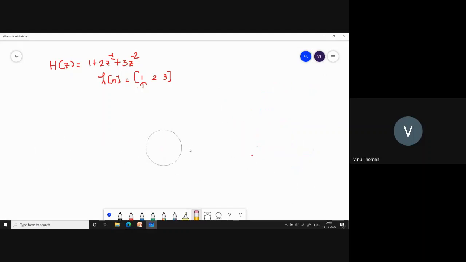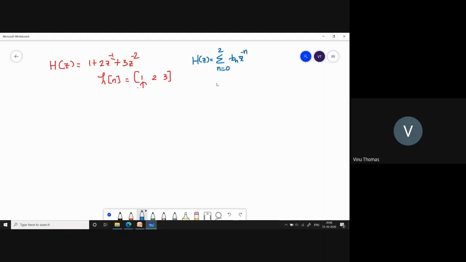This equation you can now write as h of z equal to sigma n equal to 0 to 2 of Bn z raised to minus n.